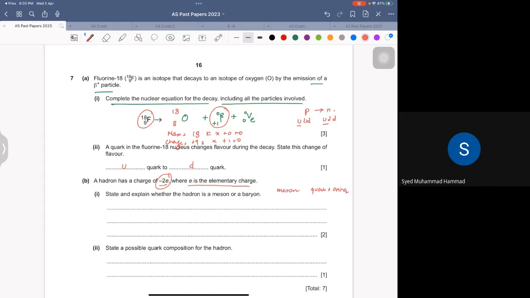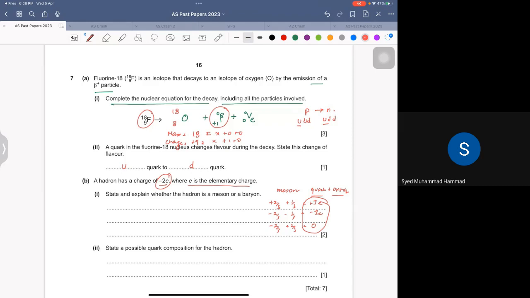So if a quark is plus 2 by 3 and an anti-quark is plus 1 by 3, you get 1e. So it can be plus 1e, or minus 2 by 3e and plus 1 by 3 or negative 1 by 3, so you get negative 1e. Or it could be minus 2 by 3 and plus 2 by 3, and that could be 0. So a meson can only have these three charges. So if it's minus 2e, it means that it must be a baryon.